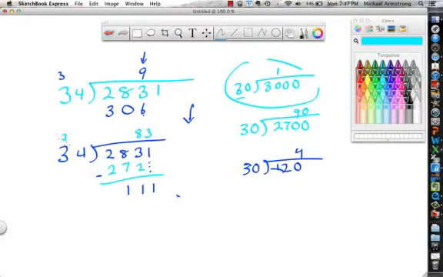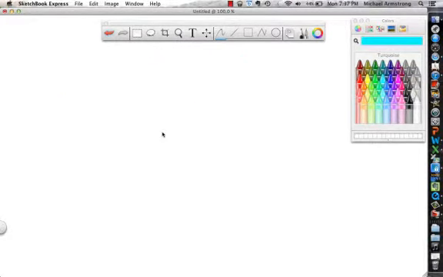Okay, 3 times 4 is 12. 3 times 3 is 9, plus 1 is 10, and I have something a little more reasonable. 111 minus 102. 11 minus 2 is 9. And 9 is much smaller than 34. It works as a remainder. So remainder 11. Okay. Now, you guys, once you get going, it should go pretty quick.